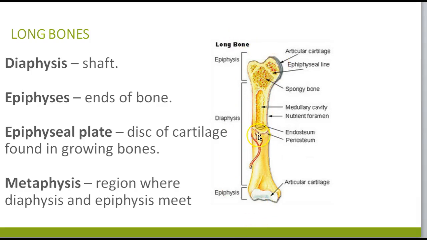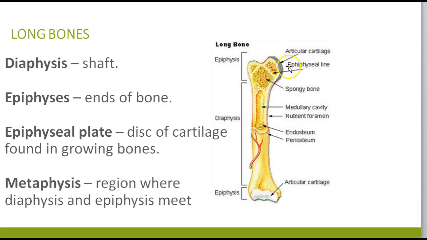And the diaphysis is the middle of the bone. So these lines here are where your bone actually grows from. Your bone doesn't grow from the middle, it grows from the growth plates, which are held just underneath the head of a long bone, at both ends.